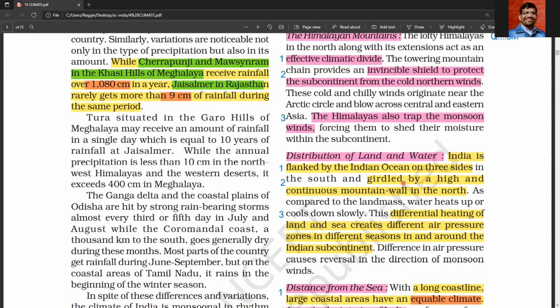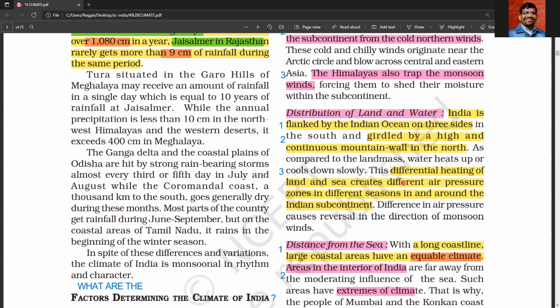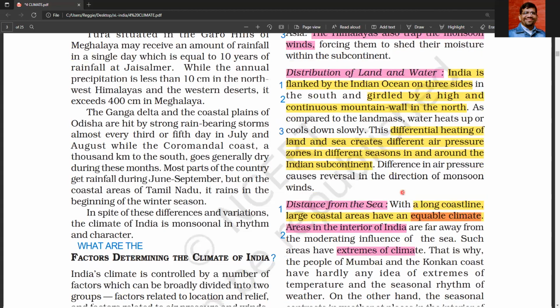Differential heating of land and sea also influences the movement of winds, and it is one cause because of which monsoon comes. Monsoon is an Arabic word which means season, in which there are seasonal reversals of the wind.